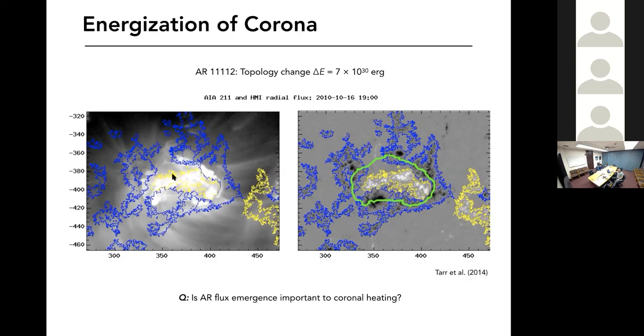And this is a particularly interesting magnetic topology that I'll probably talk about in the next class. It's called the fan-spine topology. And usually you would expect a magnetic null point on top of this dome. But what I want to emphasize is that once you start to emerge flux in the photosphere, your coronal field connectivity will change.